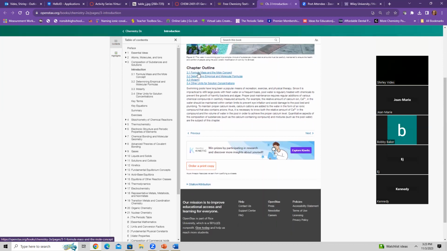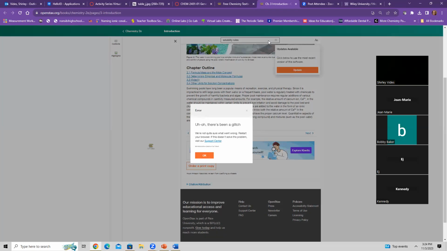Determining empirical and molecular formula. Other units for solution concentration. Nope, it's not on there. I don't see it on there. Oh, there we go. You search it. There, yeah, you can search it. Okay, good. That's what you want. You want to look for solubility rules. There we go. Uh-oh, there's been a glitch.